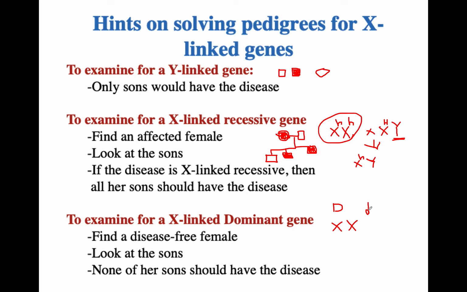So how do you figure out whether the disease is due to an X-linked dominant allele? Again, you look for a homozygous recessive female, so look for a disease-free female. This would be her genotype. Her symbol would be like this, no shading.